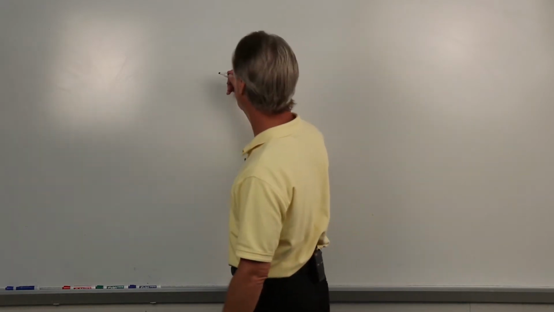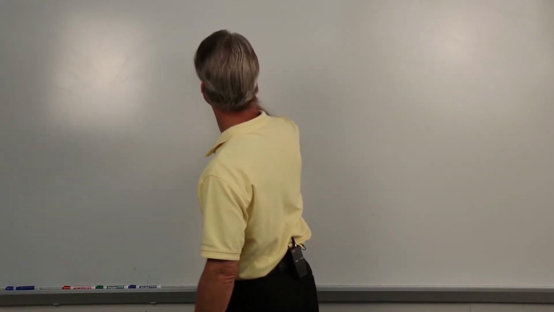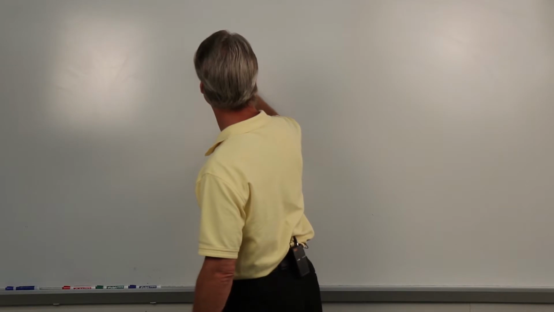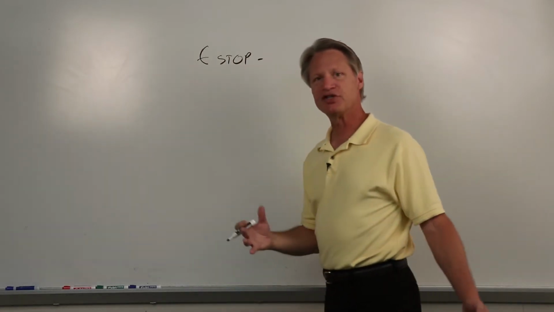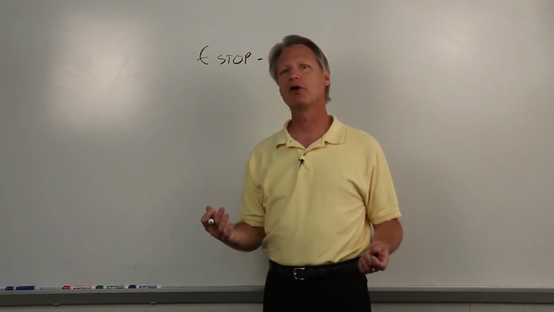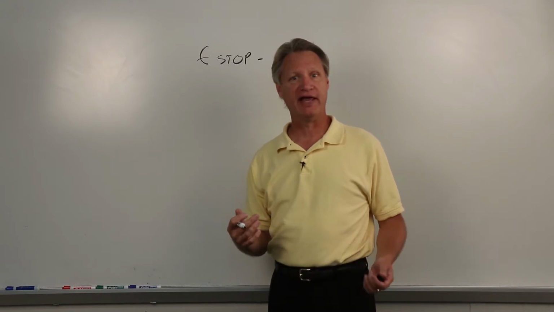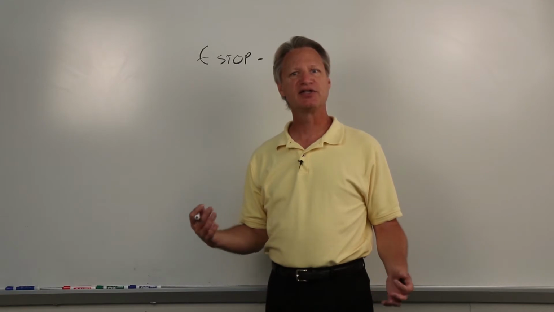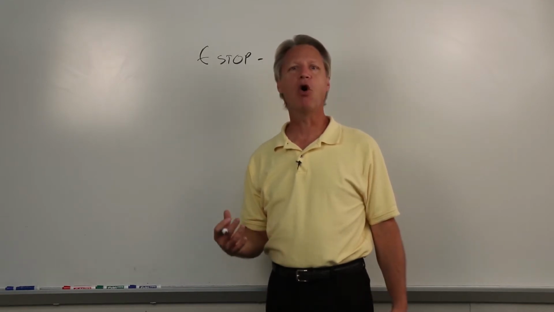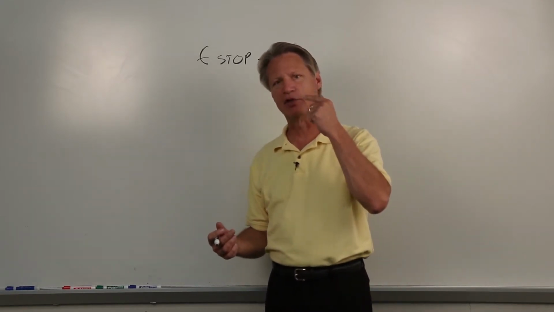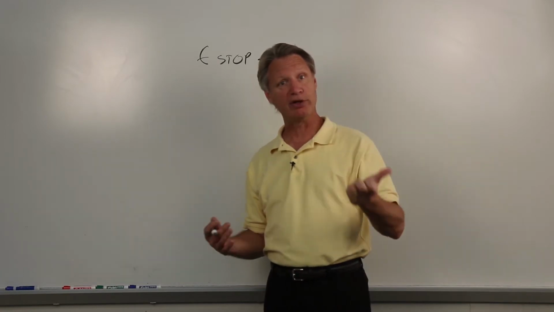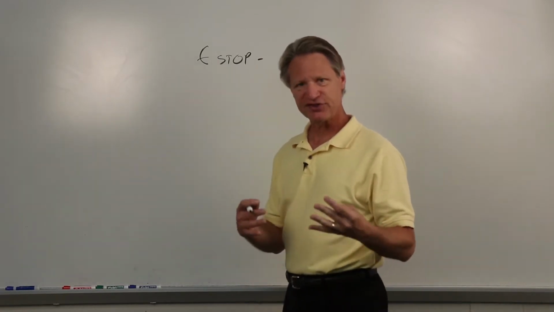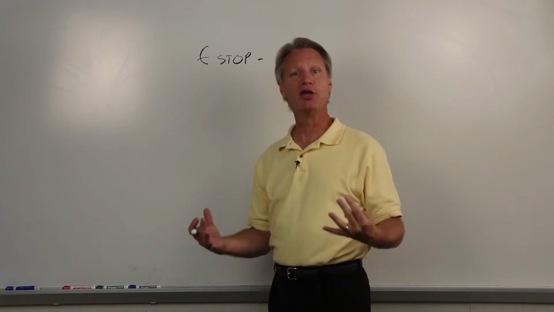Very simply, an f-stop is simply the diameter of the opening in the lens. And that's all it is. It's nothing more, it's nothing less than that. Simply the diameter of the opening of the lens, very similar to the iris or the pupil in your eye. F-stops are expressed in numbers.